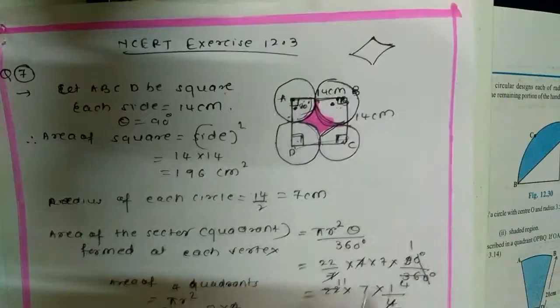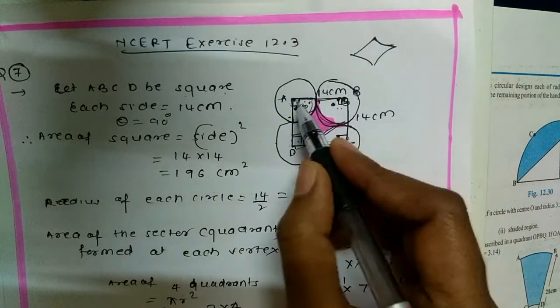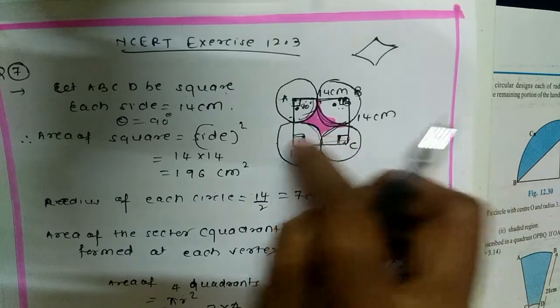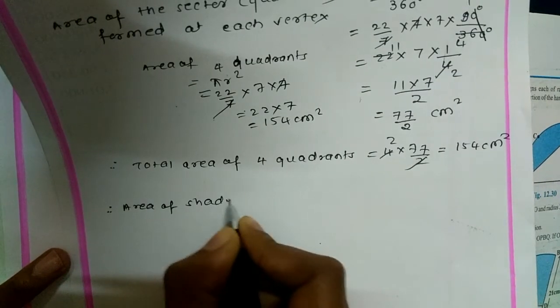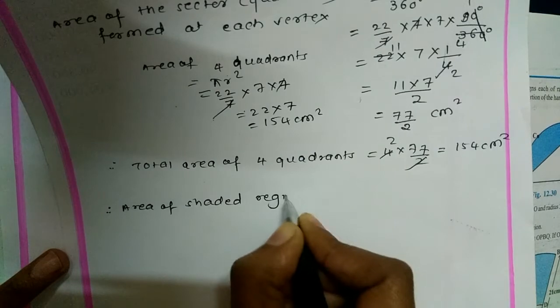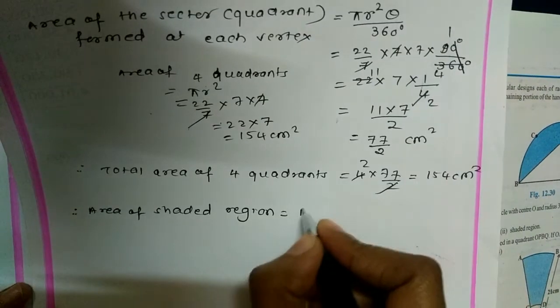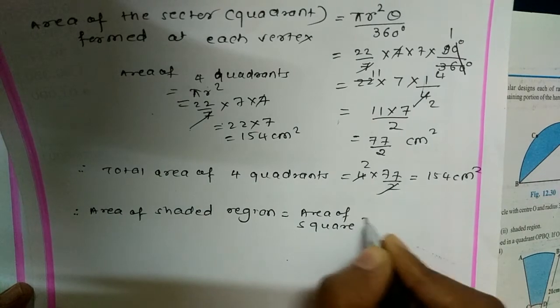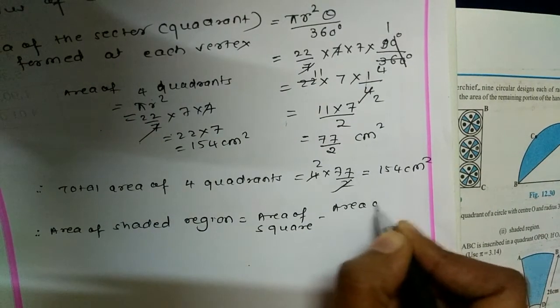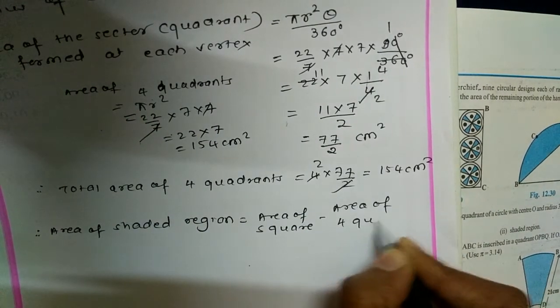Now we have to find out the area of the shaded portion. From this square area, subtract these 4 quadrant areas. That will give the area of the shaded portion. Therefore, area of shaded region equals area of square minus area of 4 quadrants.